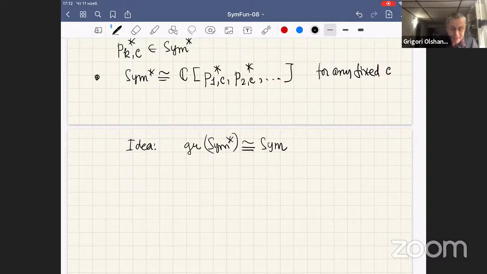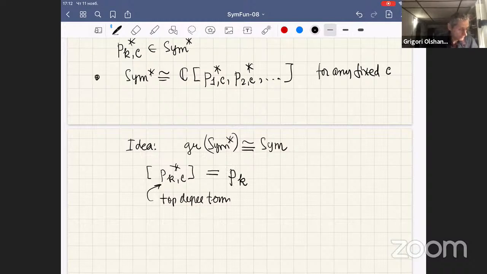So a little bit informally, one can say that the top degree term of this element, as an element of the algebra of symmetric functions, is just the ordinary power sum.